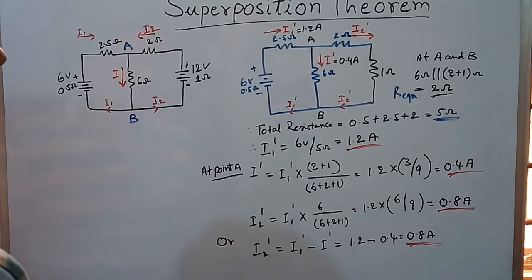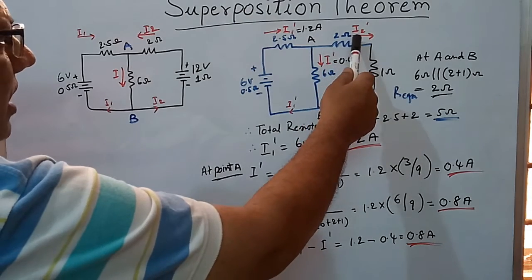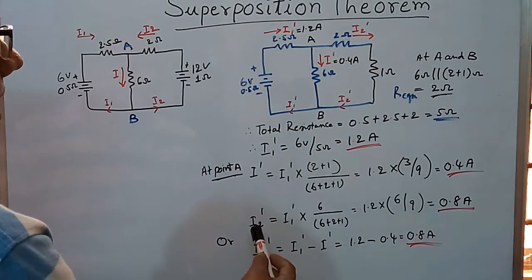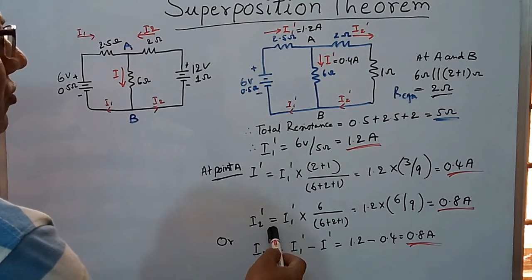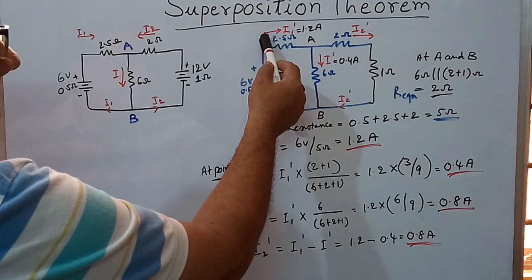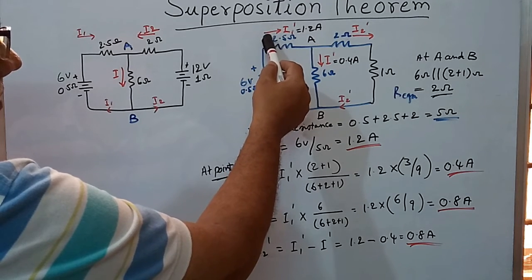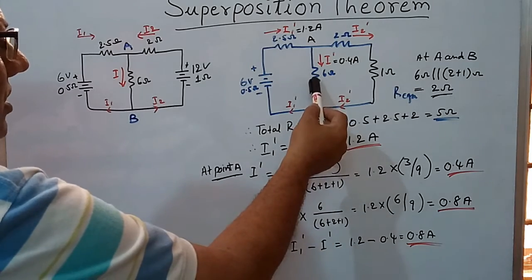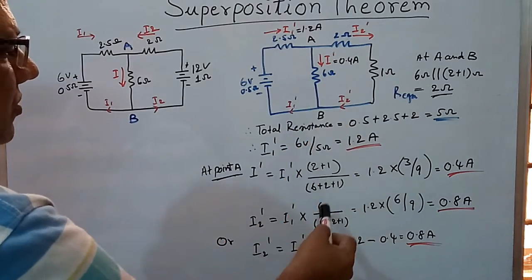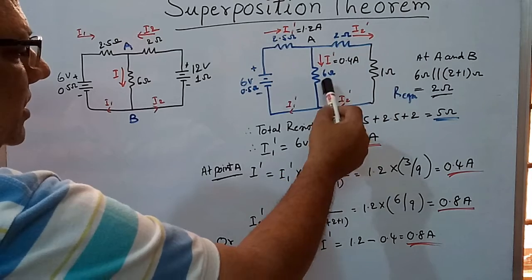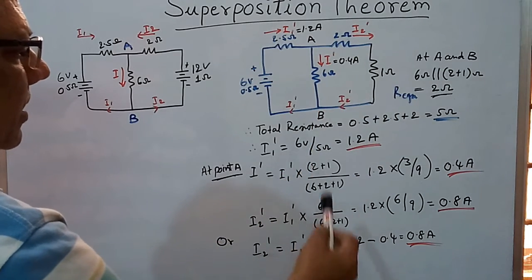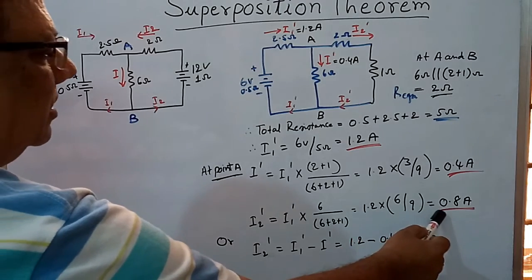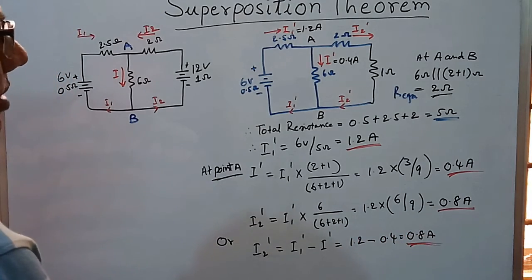Now similarly we can find I2 dash, which is flowing through the other branch. I2 dash equals I1 dash into the opposite resistance, that is 6 ohms, divided by the sum of the resistors 6 plus 2 plus 1, that is equal to 1.2 into 6 by 9, that is 0.8 amperes.